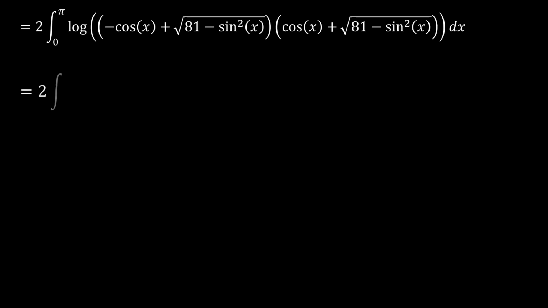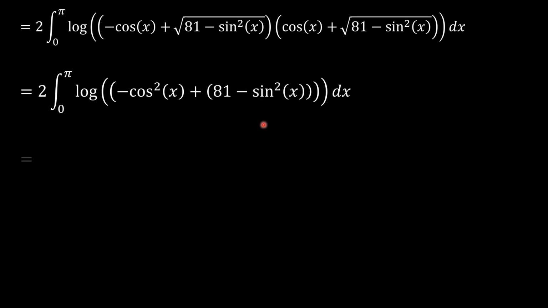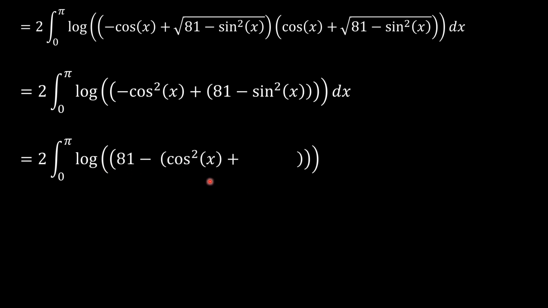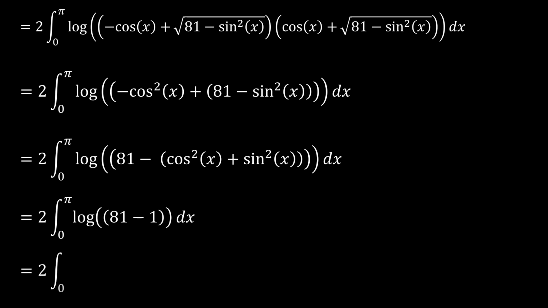That means that now we have log of negative cosine squared x plus 81 minus sine squared x. So that means we have twice the natural log of 81 minus open bracket cosine squared x plus sine squared x, and cosine squared x plus sine squared x is 1, so 81 minus 1 is going to be 80, and so that is a constant, right?